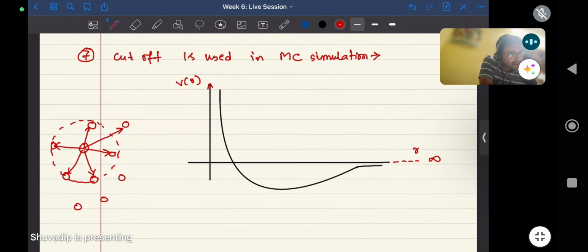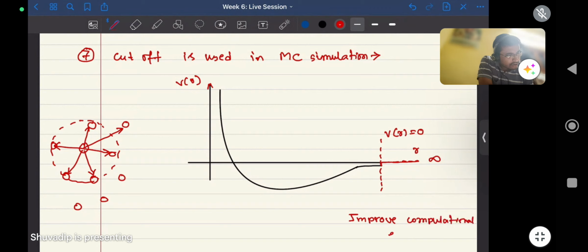So the potential will basically look like this. After this the potential is 0. V of R is 0 here. This is because it improves computational efficiency.